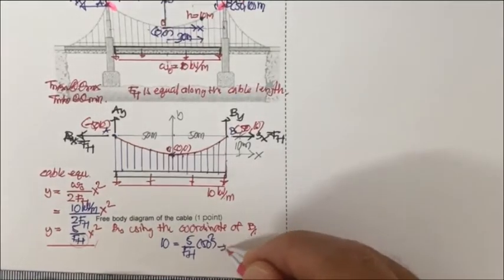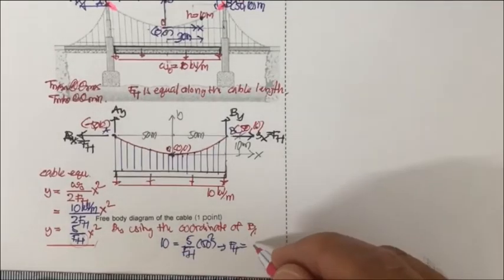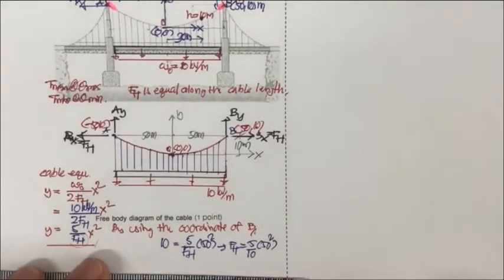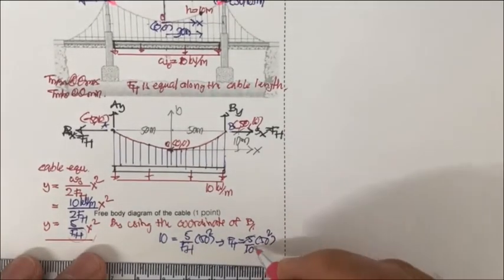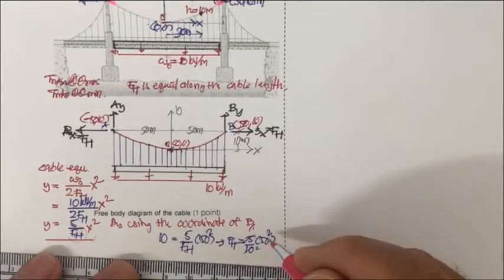From this you may get F sub H equal to, take this one up, 5 over 10 and then 50 squared. So it's going to be cut this one with 2, that is going to be half of 2,500.